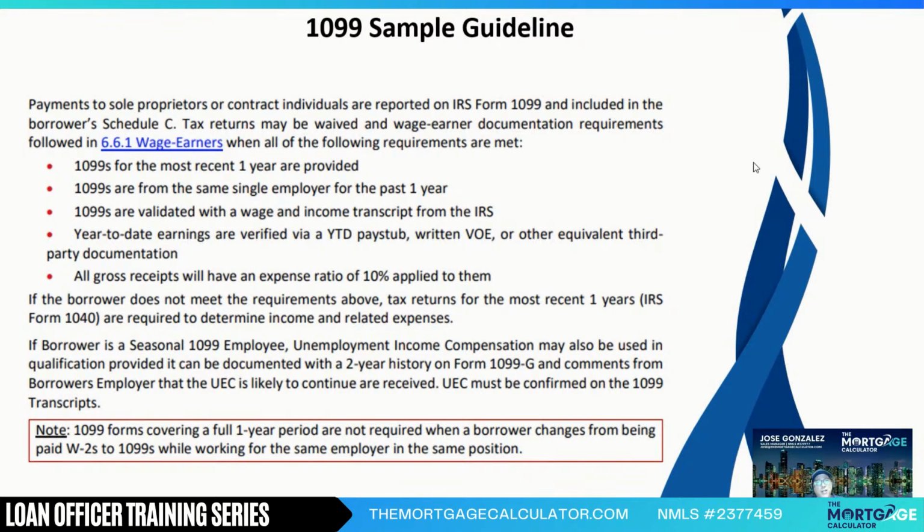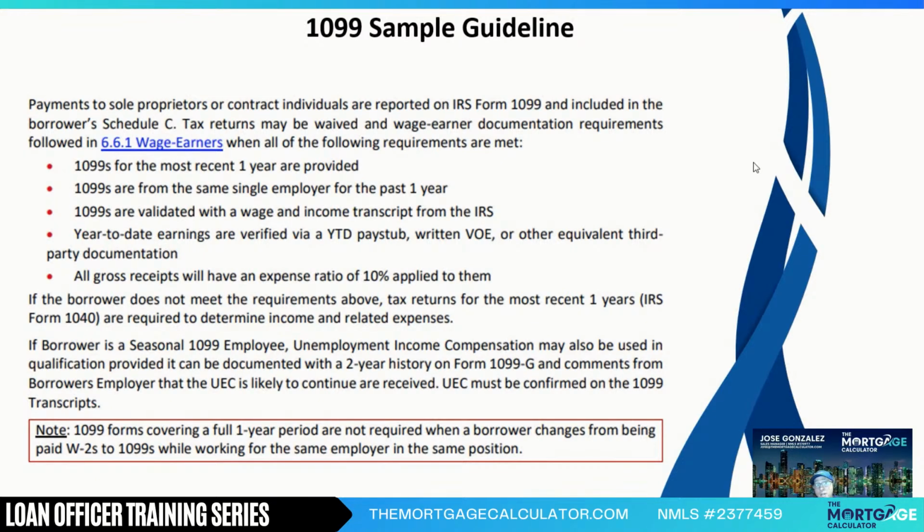Now, what are we talking about there when we talk about other equivalent third-party documentation? Well, most of the time, you probably will not have a 1099 borrower with a year-to-date pay stub. And if they have more than one employer, you may have an issue with the written VOE.